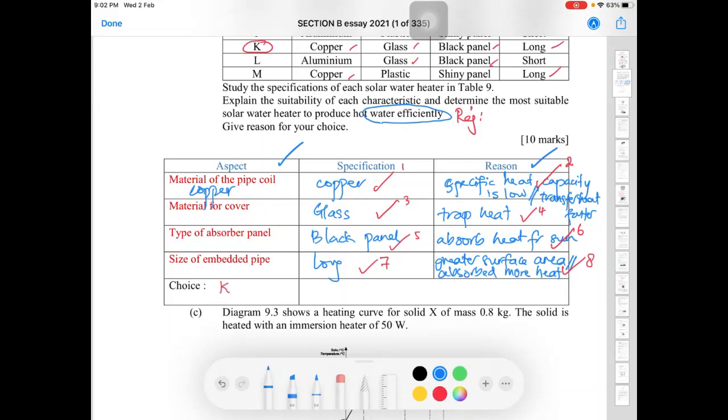Okay, so you tulislah balik. K because K is copper. And then glass cover. And then black panel absorber. And long embedded pipe.